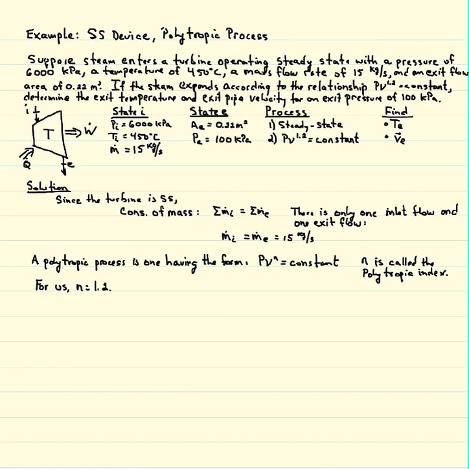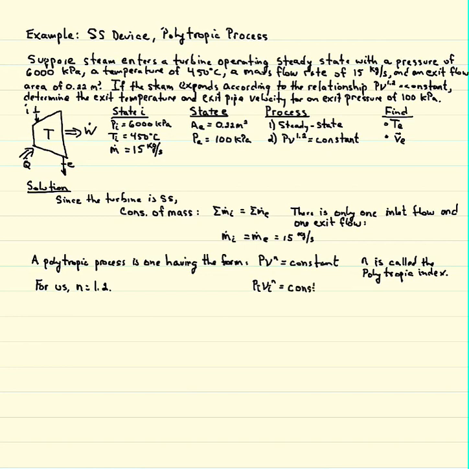Okay, so how do we use this? Well, since PV to the N is equal to a constant, what that means is that my inlet pressure times my inlet specific volume raised to the N, that's equal to a constant.